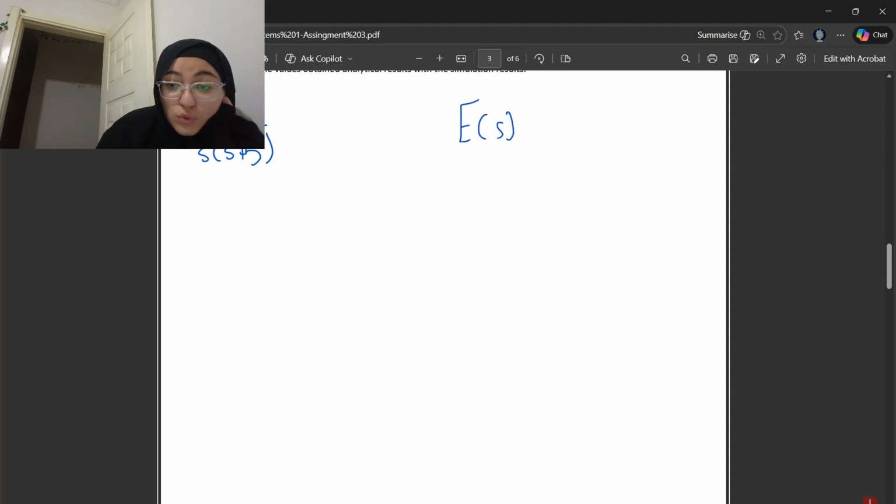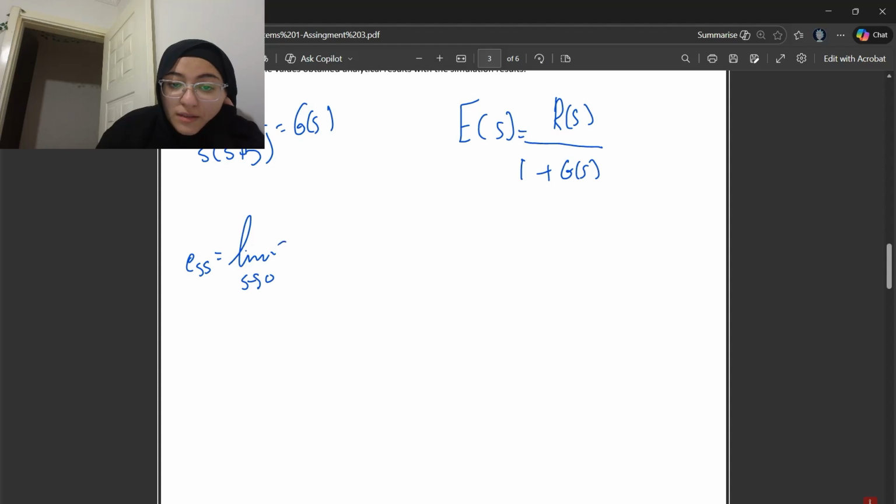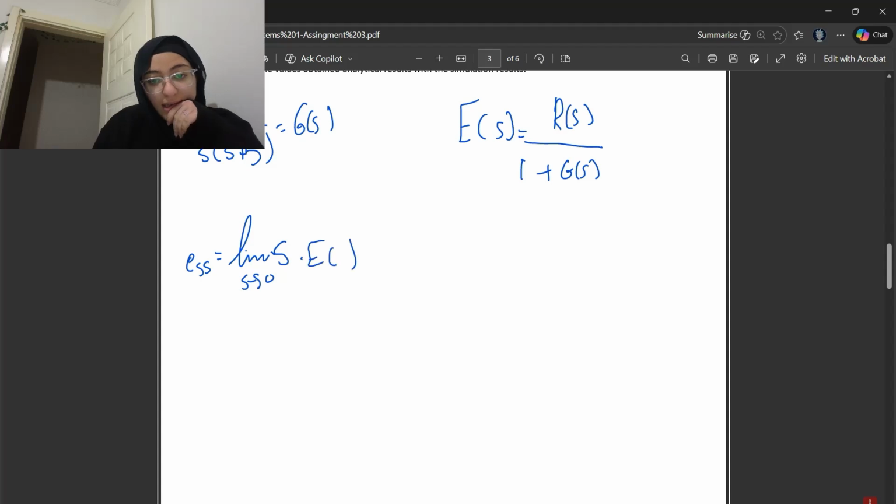E(S) equals R(S), which is the unit input, over 1 plus G(S). This is G(S). Then the steady state error equals the limit as S goes to 0 of S multiplied by E(S).